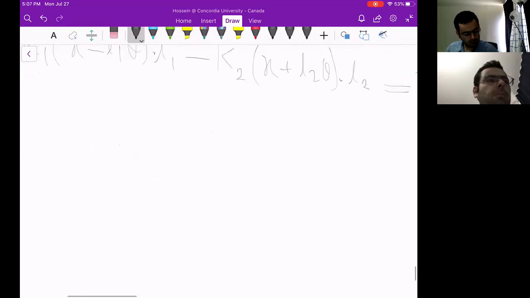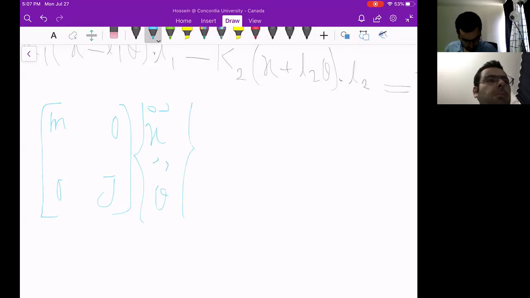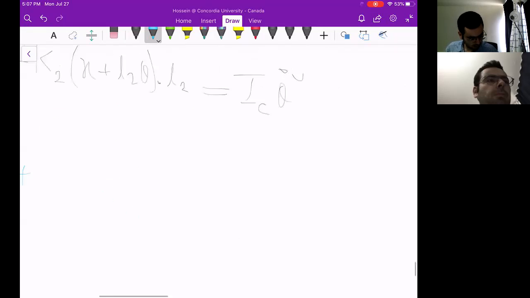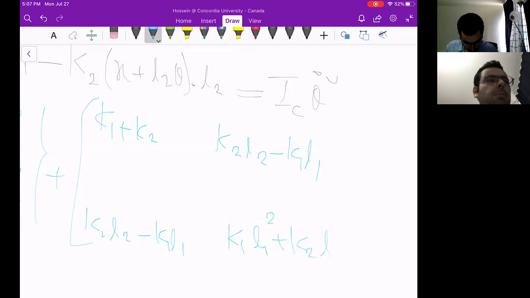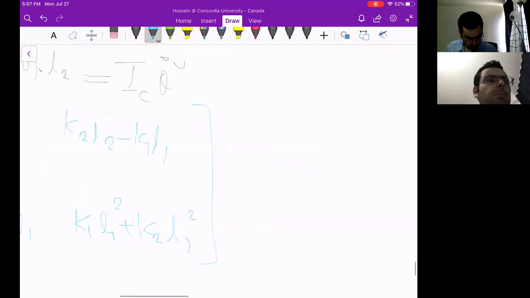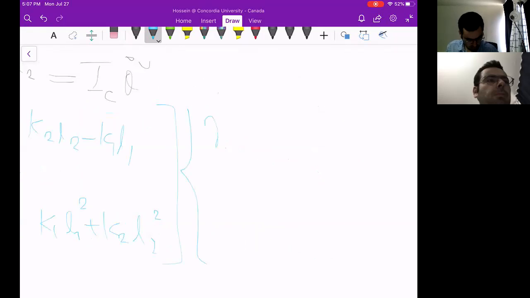I can then write them in matrix format: the mass matrix, M 0, 0 I, times x double dot, theta double dot, plus the stiffness matrix, K1 plus K2, K2 L2 minus K1 L1, K2 L2 minus K1 L1, and K1 L1 squared plus K2 L2 squared, times x, theta, equals 0, 0.